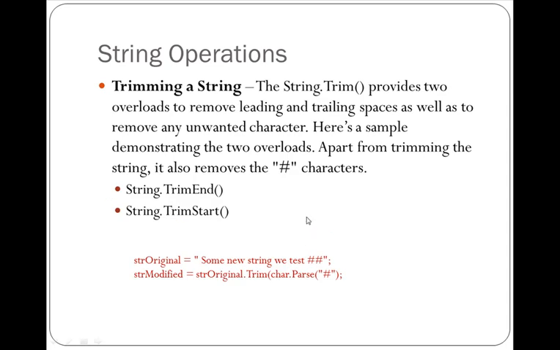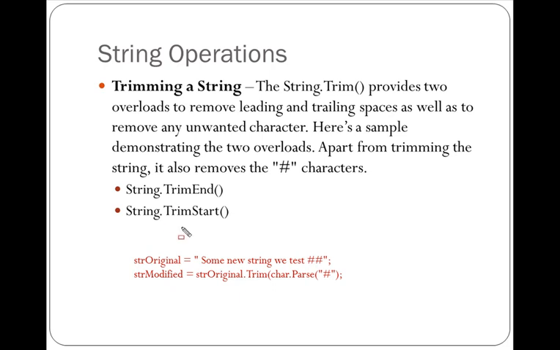There is a trim with C#. There's also a trim end and a trim start. It provides an overload function, but it removes the leading and trailing spaces as well as any other unwanted character you put in there.